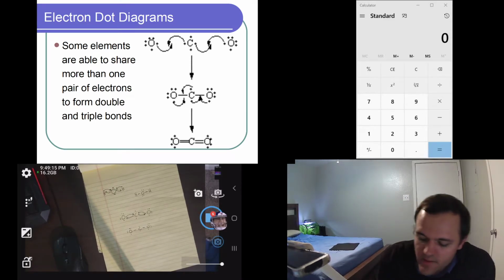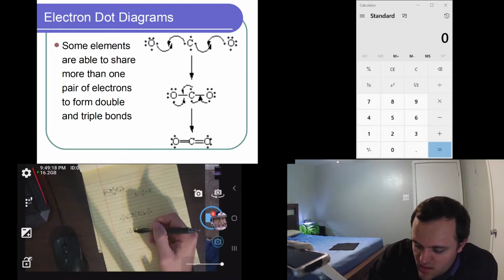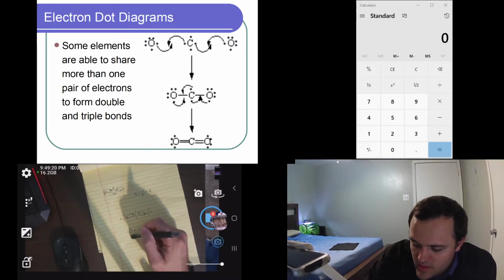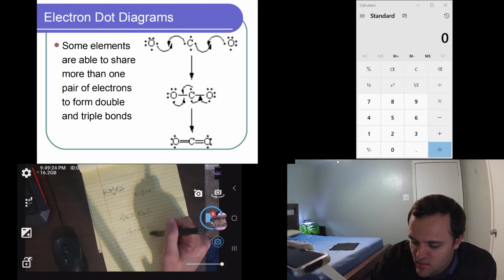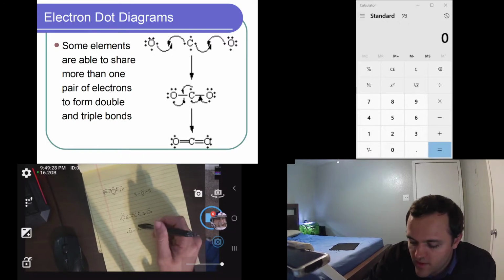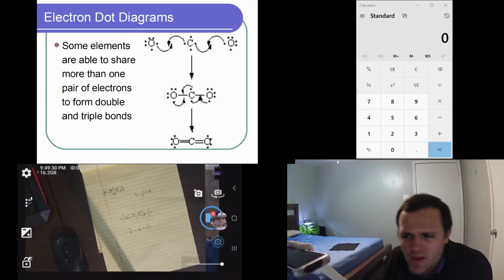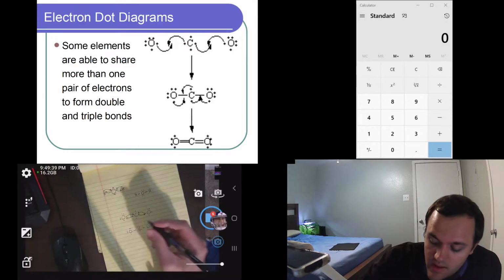And if we go and count now, our oxygen has 2, 4, 6, 7. Same thing over here, 2 from the bond, 4, 6, 7. And then our carbon has 2, 4, 5, 6. So we're getting closer, but we're not quite where we want to be, where everyone has a full outer shell of 8. So in order to make that happen, we just got to share again.